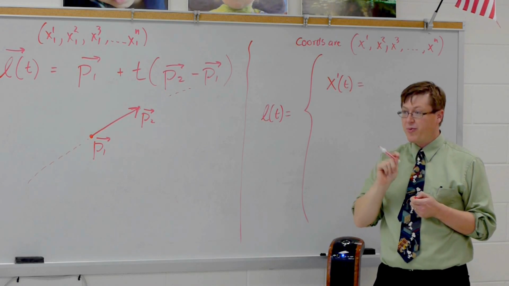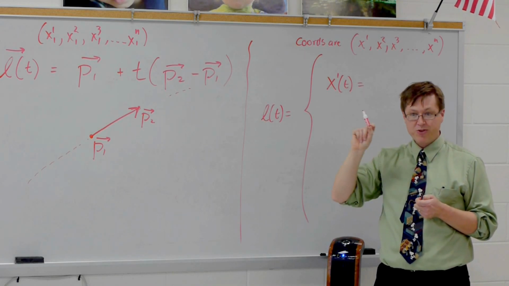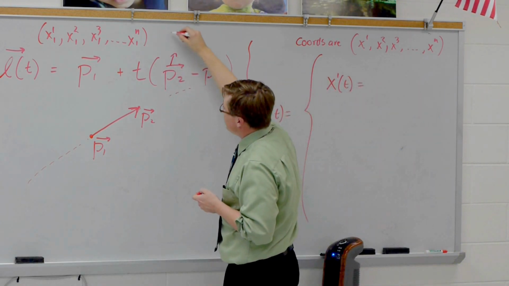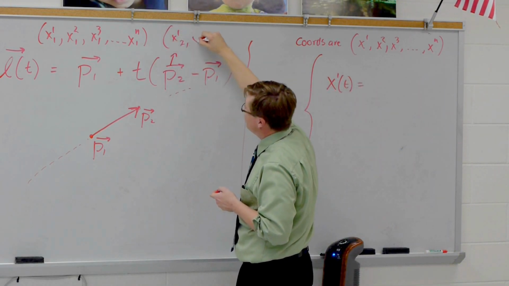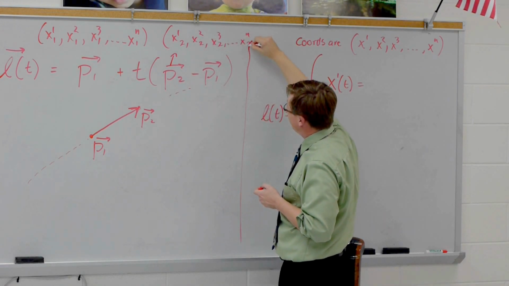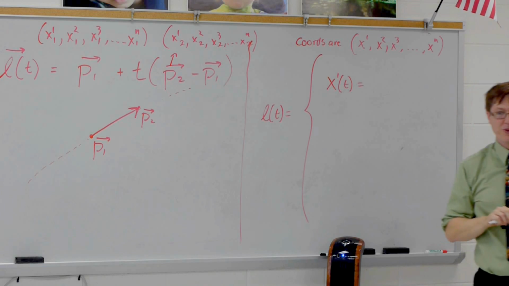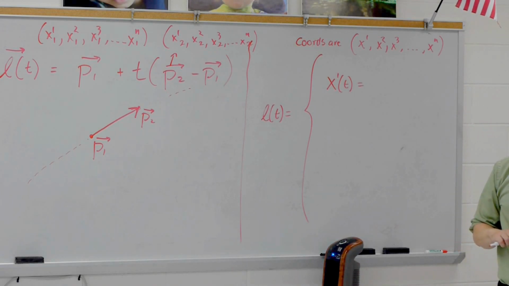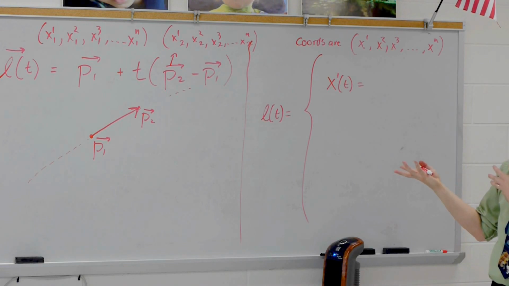So the subscripts all mean that it's the first point. The superscripts are telling you what coordinate. And the same thing here with P2. It's an x1, 2, x2, 2, x3, 2, all the way up to xn 2. So it's just x, y, and z. The first x, y, z, and the second x, y, z.